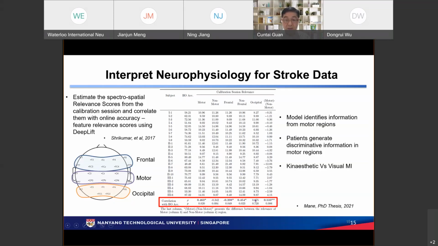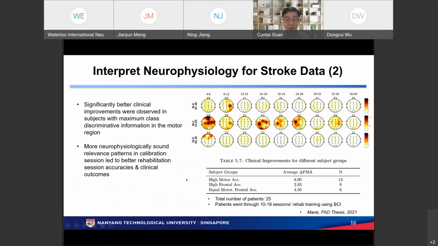So from here, you can see the motor relevance score is highly correlated to the accuracy. Keep in mind that here we have accuracy and we have relevance score, and they are highly correlated. Now the next step is we try to categorize the 27 subjects into 3 categories. One category has a high motor accuracy.